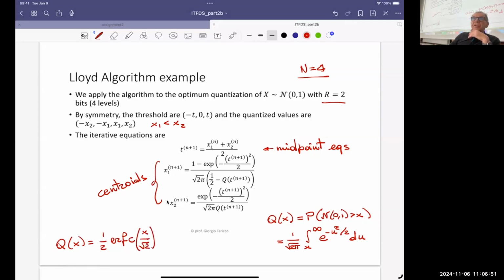In some books, they use the complementary error function, the erfc. In other books, they use the Q function. I personally prefer the Q function because it is more directly linked to the probability distribution. The error function, well, it's something different.